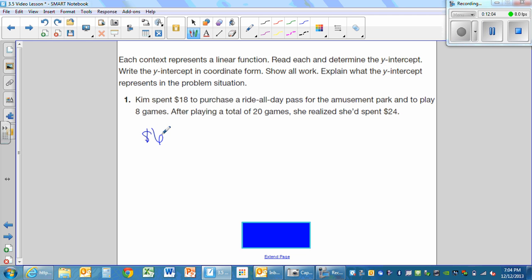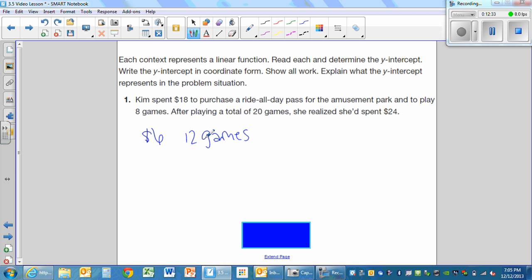So that means she paid $6 for 12 games. Again, I'm taking her total amount that she paid, and I'm going to subtract off the deal price of $18. So she paid a total of $6 extra, and 20 games total minus the 8 games that were prepaid in this 18 means she paid $6 for 12 games. A little bit confusing, I know.